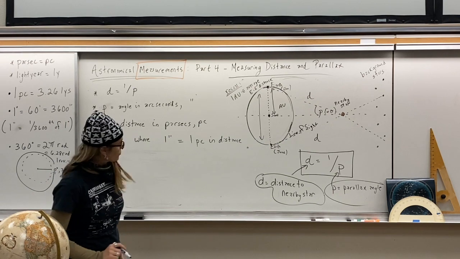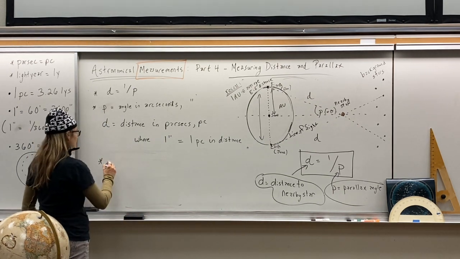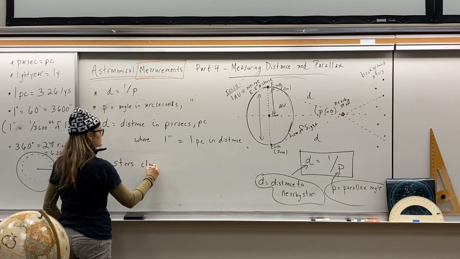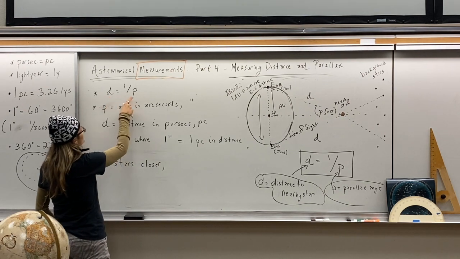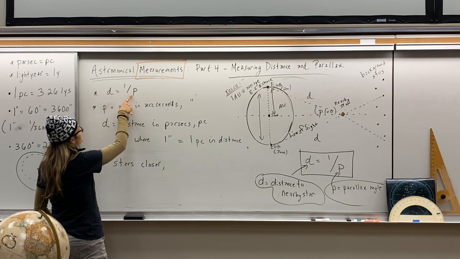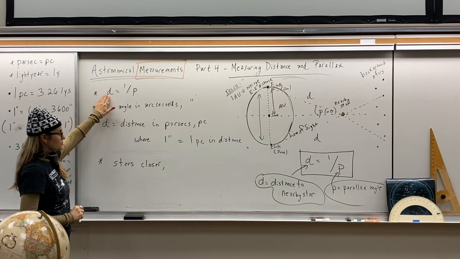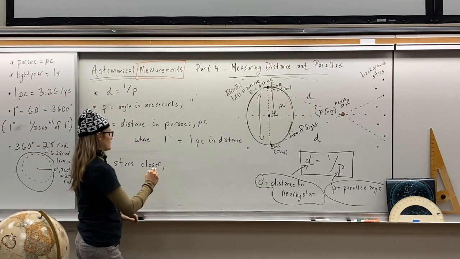Now, the important thing to note in this formula is that objects, stars, that are closer will have larger parallax angles. So as far as getting star distances, stars that are closer will have a smaller distance value and larger arc second values.